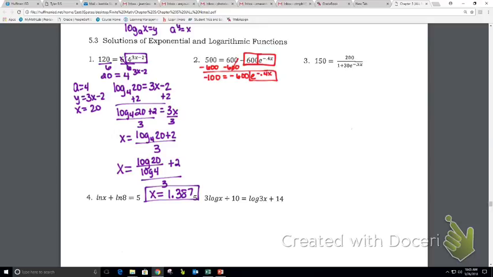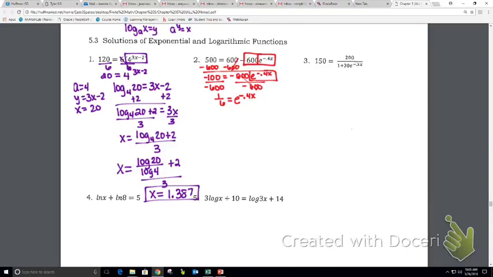And now how do we get that e to the negative 0.4x by itself? Good, divide by the negative 600. And so we get 1/6 equals e to the negative 0.4x.